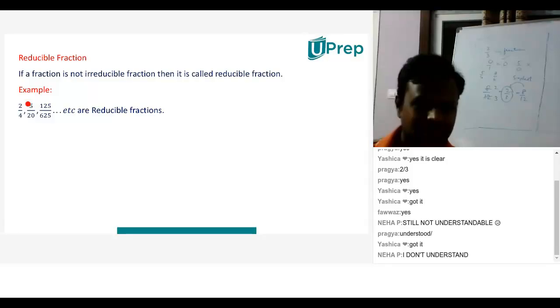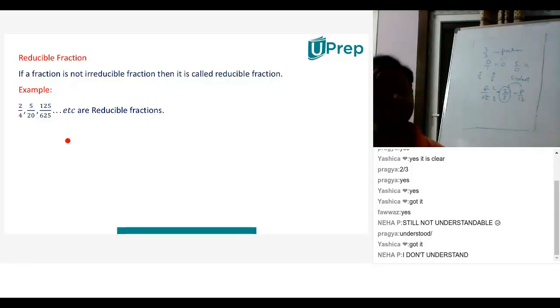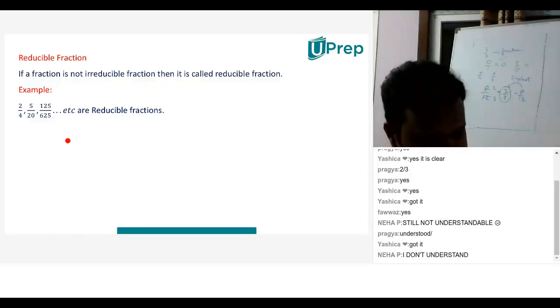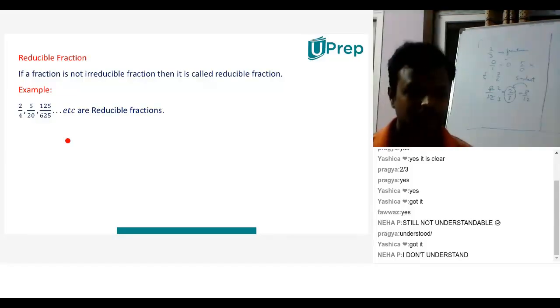Now here 5 is there and 20 is there. For both of them, 5 is a common factor apart from 1, isn't it? Here I have 125 as a common factor for both. I have 5 also, I have 25 also. So these are all reducible. Children, make a note of the definition and write the examples as well. Children, we are moving on.